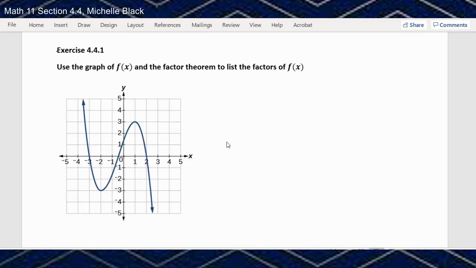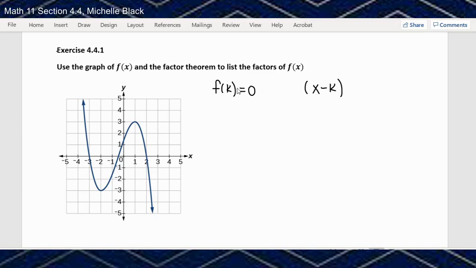All right, exercise 1. Use the graph of f of x and the factor theorem to list the factors of f of x. Well, the factor theorem says that a polynomial f of x has factors x minus k if and only if f of k equals 0. So if we can find the places where f of k equals 0, then we'll know that we have the factor x minus k.